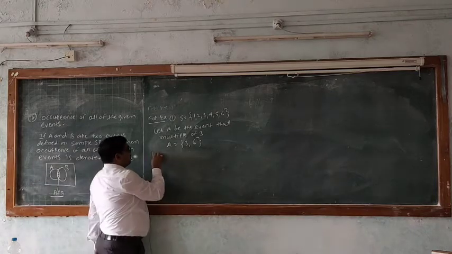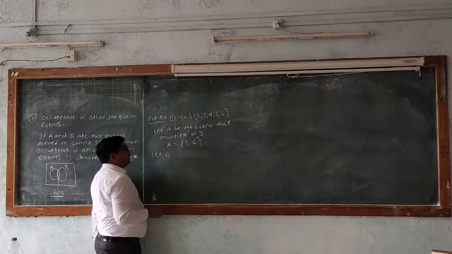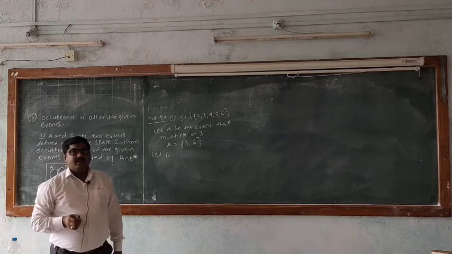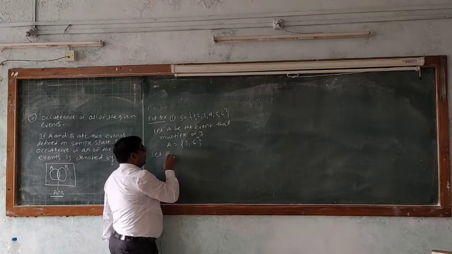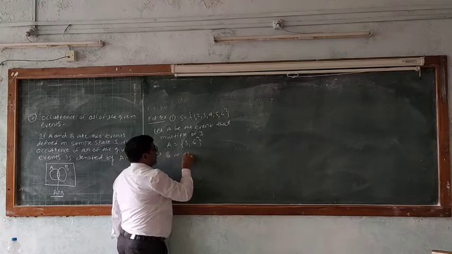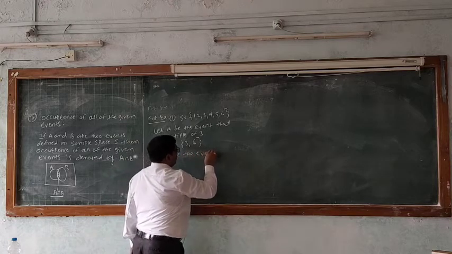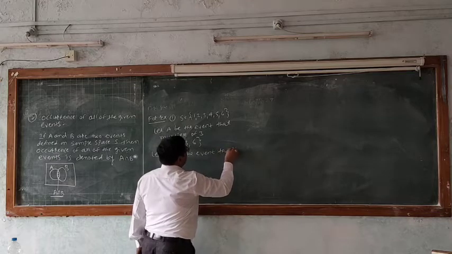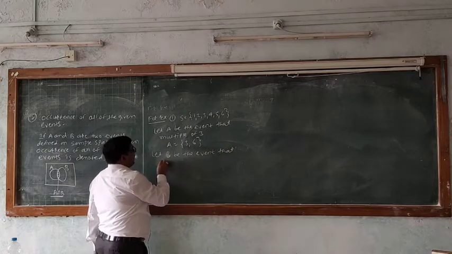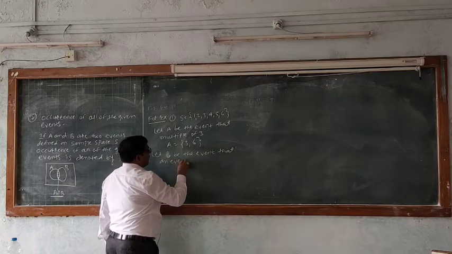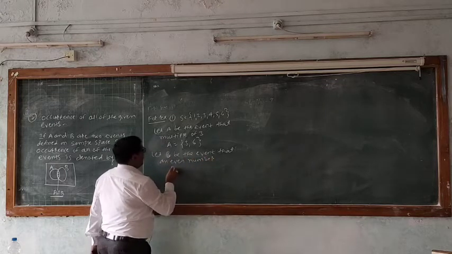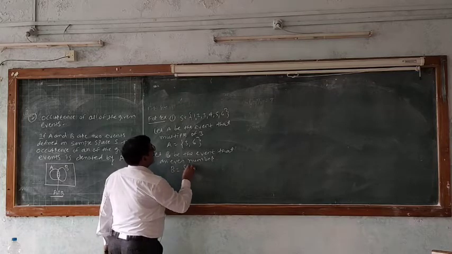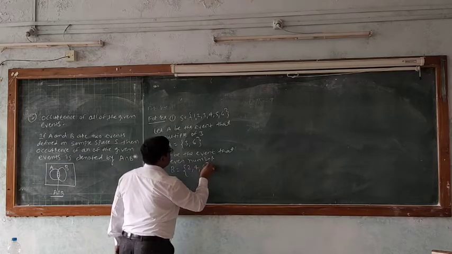Similarly, let B be the event that an even number occurs, so B equal to 2, 4, 6.